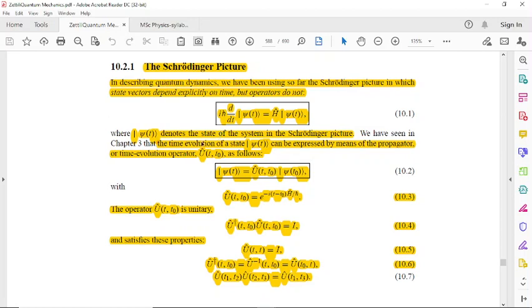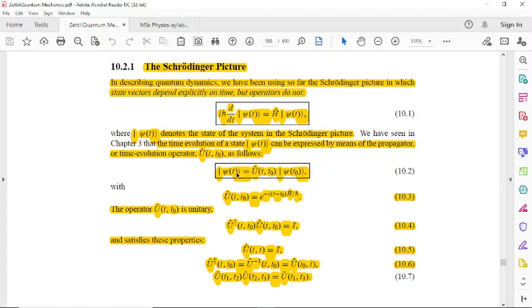We have seen that the time evolution of a state vector ket psi of t can be expressed by means of the propagator or time evolution operator U of t, t0 as follows. We have already seen in the previous videos that ket psi of t is equal to U of t, t0 ket psi of t0.